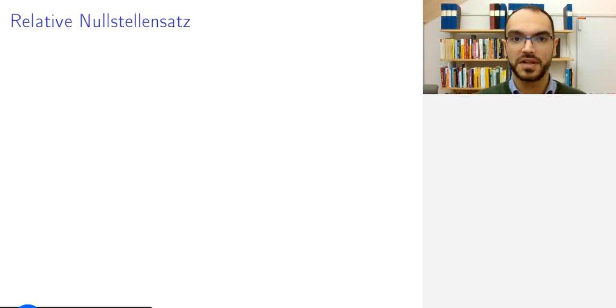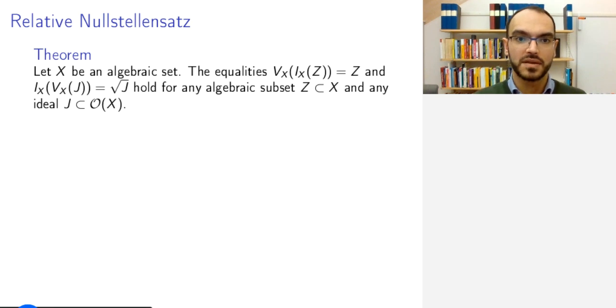And then we also have the relative Nullstellensatz. This is precisely the statement of the Nullstellensatz upon replacing the vanishing set and the vanishing ideal with these relative versions, the vanishing set relative to X and the vanishing ideal relative to X. And it says the same: if you take them in one order, you get the set back.